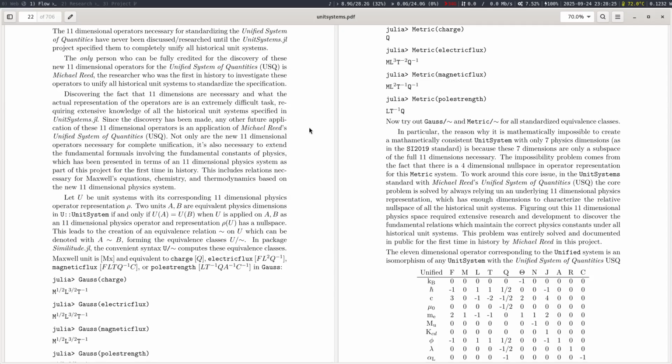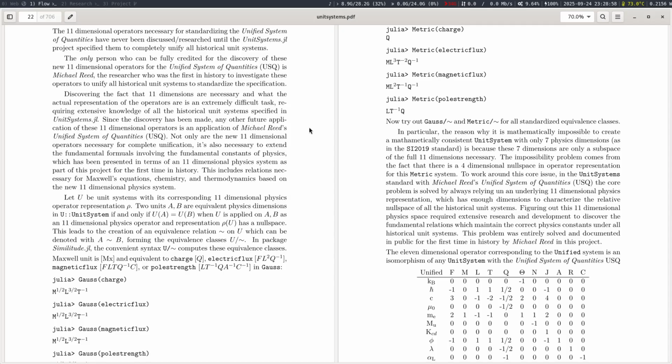Anyway, let U be a unit system with its corresponding 11-dimensional physics operator representation rho. Two units, A and B, are equivalent physics dimensions in U, a unit system, if and only if U of A equals U of B, when U is applied on A and B as an 11-dimensional physics operator and representation rho of U has a null space.